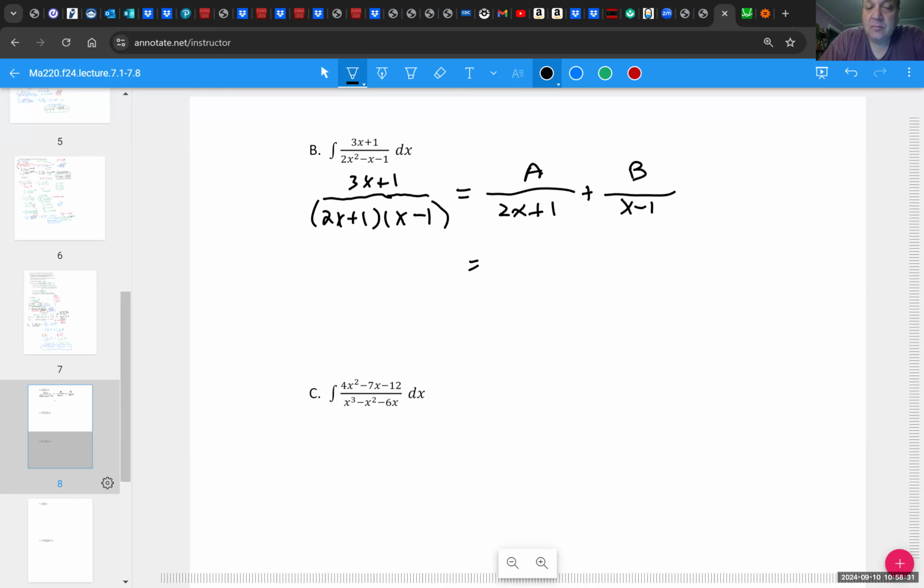Of course, that has to equal this original expression since we're decomposing it. Because the two denominators are identical, I must have the two numerators equal to each other. So this and this have to be the same. So let me maybe do this over to the side so that I have enough space.